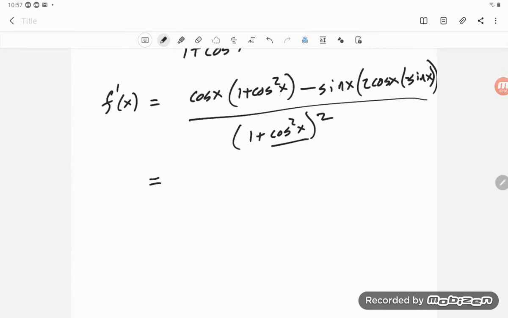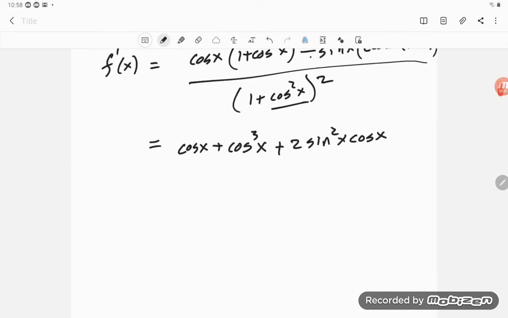So, multiplying some things out, I get cosine of x plus cosine cubed x minus, well, wait, minus and a minus make a plus, so plus 2 sine squared x cosine x.